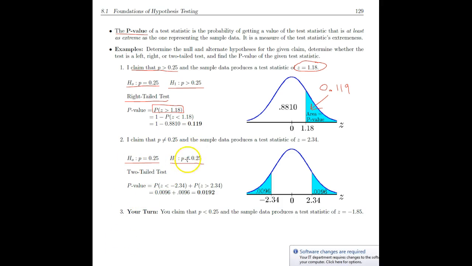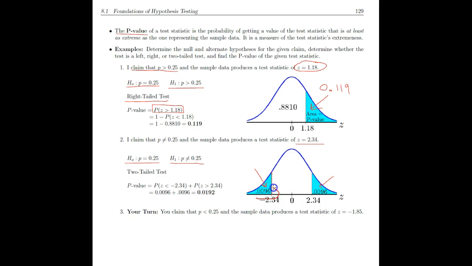So my p-value is going to be, remember my test statistic was this, so I would mark that on my normal curve, and it's going to be this probability of more extreme than negative 2.34 and more extreme than positive 2.34.